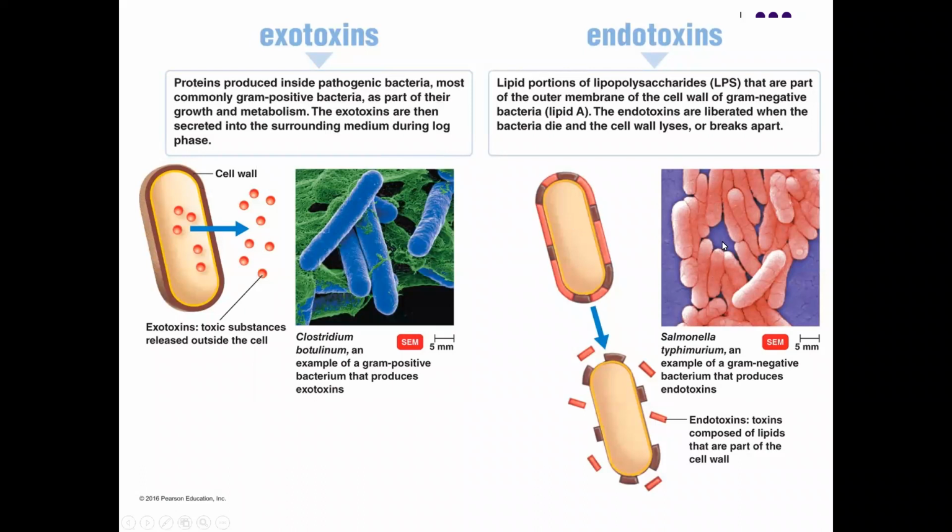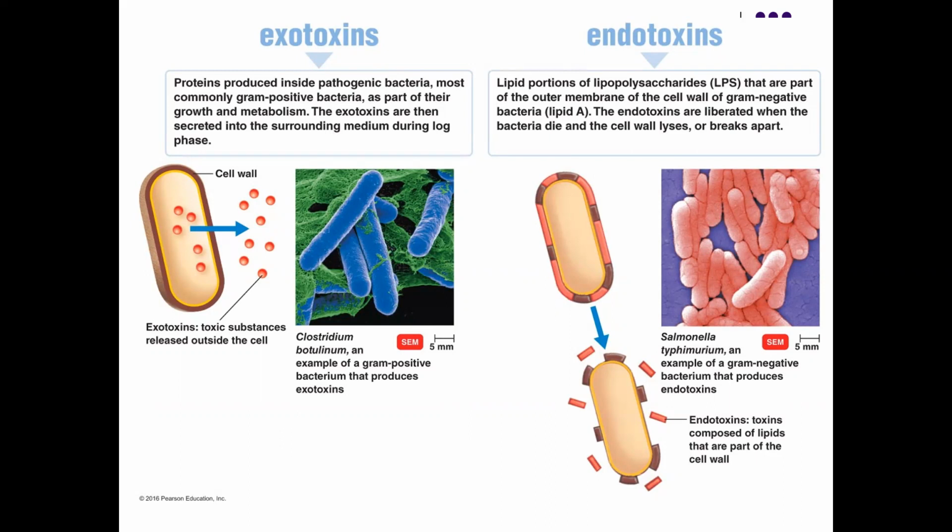It is part of them. So like the pink within the cell wall, that is the endotoxin. That is LPS. It is a component of the gram-negative bacteria's cell wall.